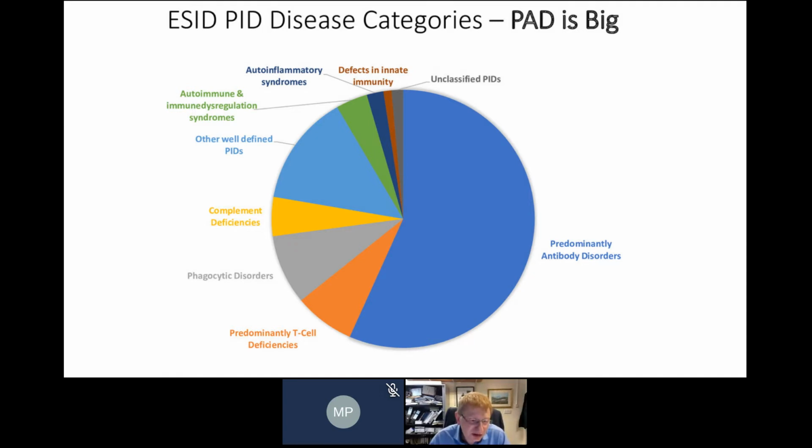for example, predominantly T-cell deficiencies, although they are predominantly T-cell, in some of them they also have knock-on effects on antibodies. Other well-defined immunodeficiencies may also have antibody problems tucked in amongst that category, as would dysregulation syndromes, as would indeed autoinflammatory syndromes and unclassified.